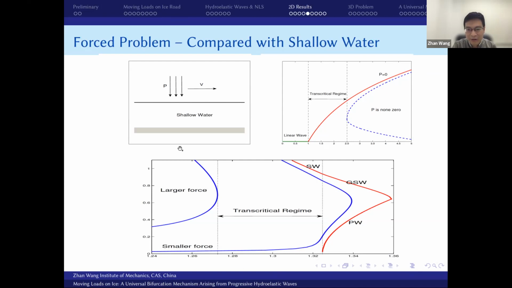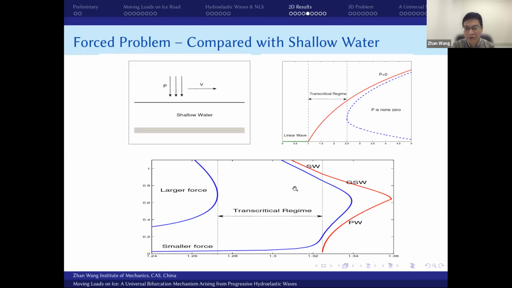But if you add a considerably larger forcing to the system, then you will have a transcritical regime between the steady solution and the bifurcation point. So if you apply the considerably larger forcing with a speed in the transcritical regime, you will not have a linear mechanism to radiate energy because all the linear waves are on the right, and you will never reach the steady state because the steady state is on the left.